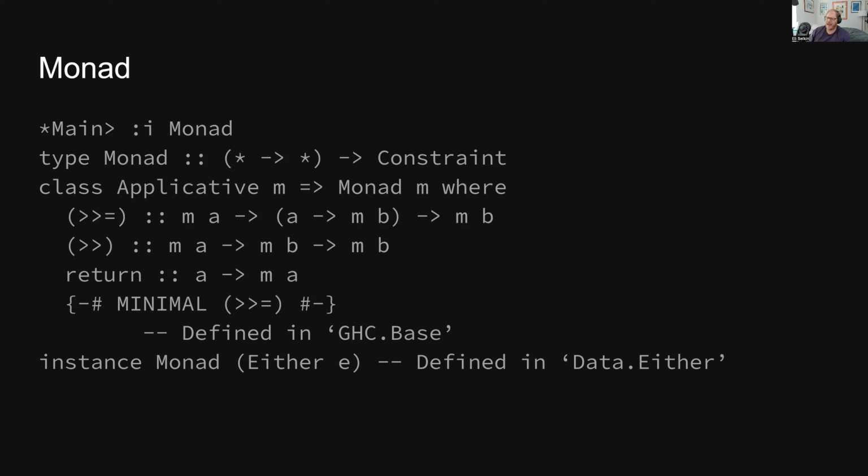So you might have a Maybe A, and then you have a function that takes an A. Say it was a Maybe String, and you have a function that takes a String. The return type of that function would be a Maybe B, which generally is a Maybe String. And then you might bind it to another function.